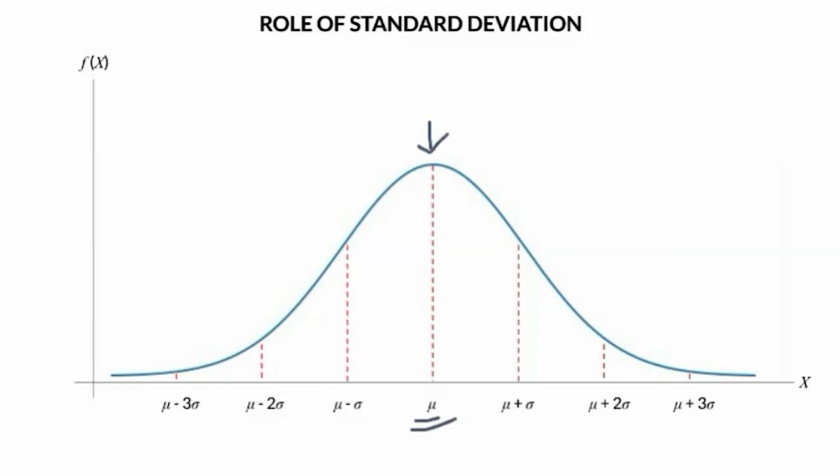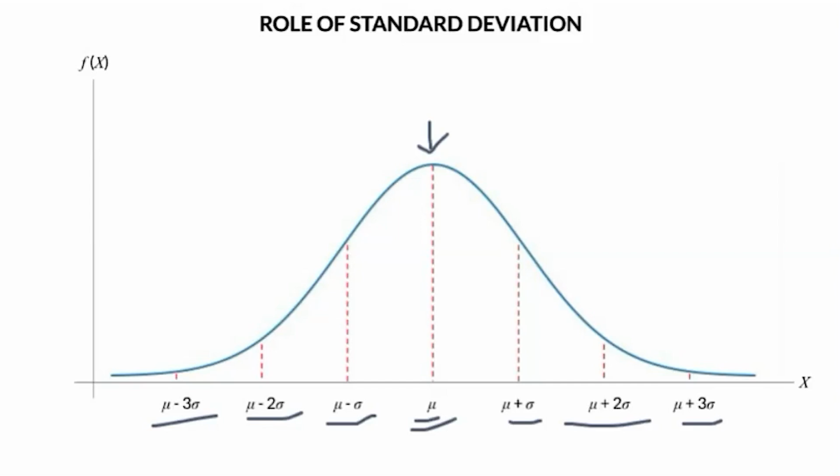I have put some things on the x-axis. On this side I have mu minus sigma, on this side mu plus sigma, mu plus 2 sigma, mu plus 3 sigma, mu minus 2 sigma, mu minus 3 sigma. Basically I have taken random variable values one standard deviation away from the mean on the right side and left side, 2 standard deviations away on the right and left, and so on.